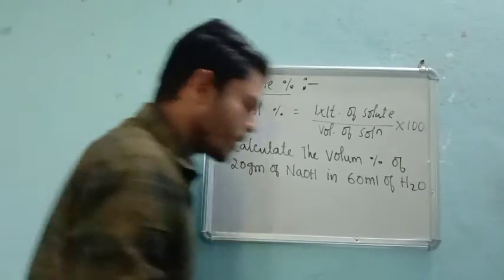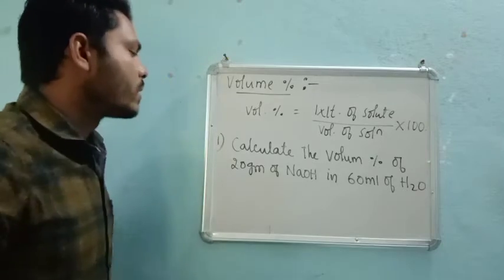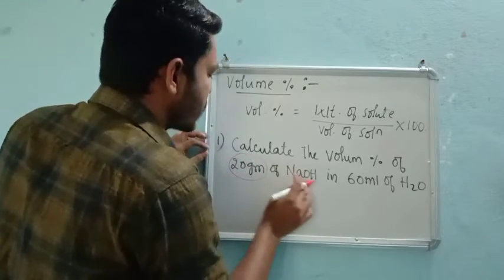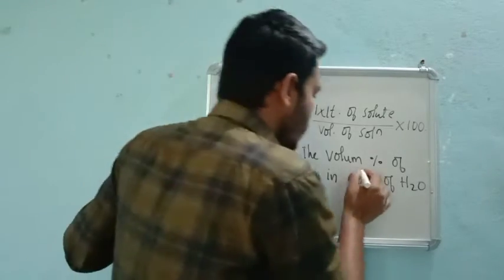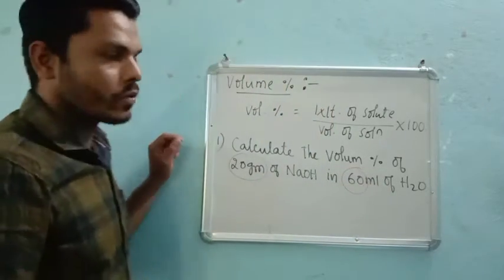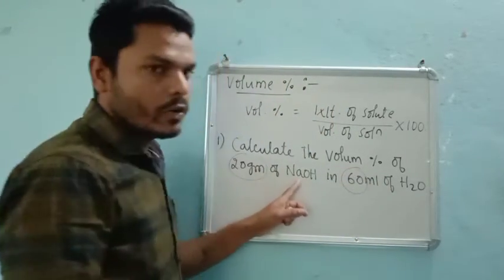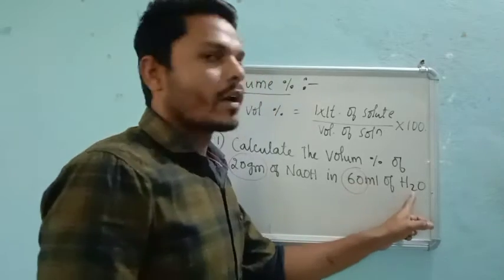Based on the concentration, NaOH concentration is less and the concentration of water is more. So here NaOH acts as a solute and 60 ml of water acts as a solvent.